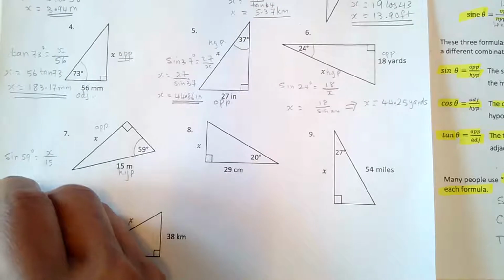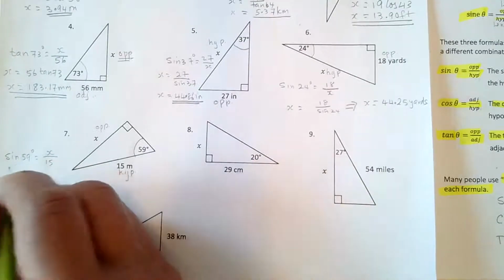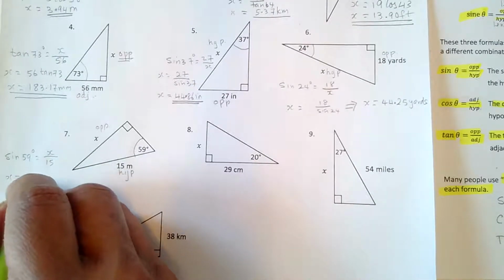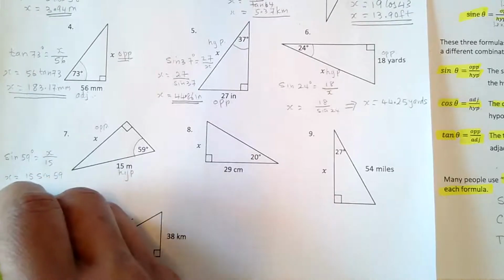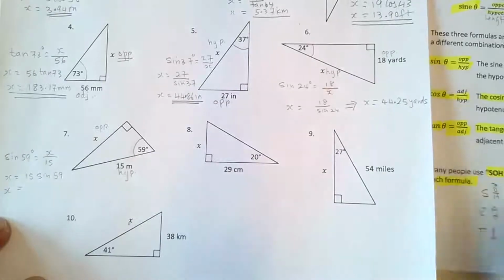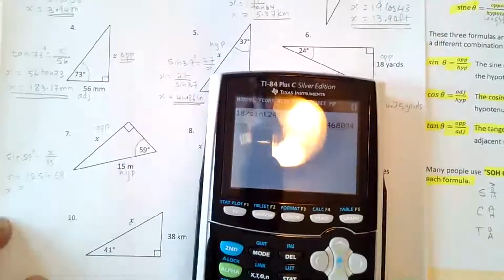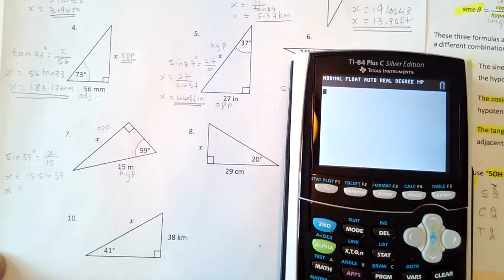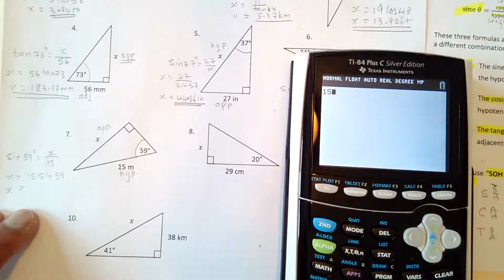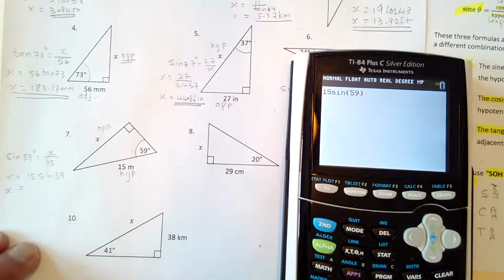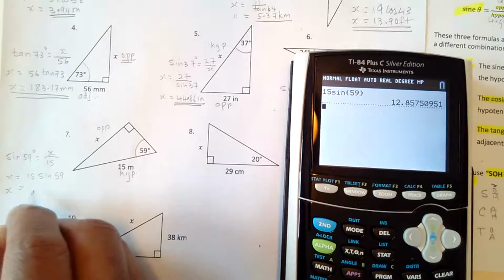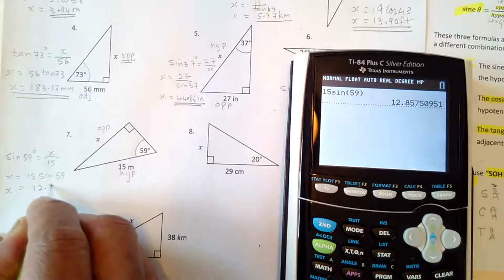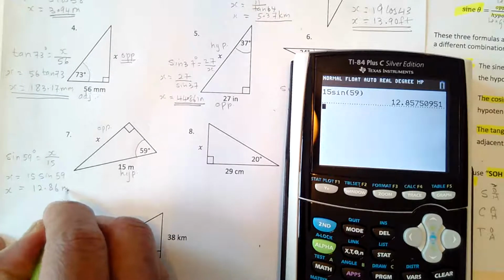So x is equal to 15 sine 59, which gives us 12.85, so we round to 12.86 meters.